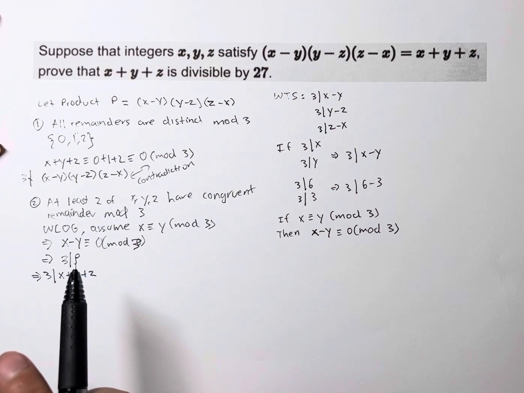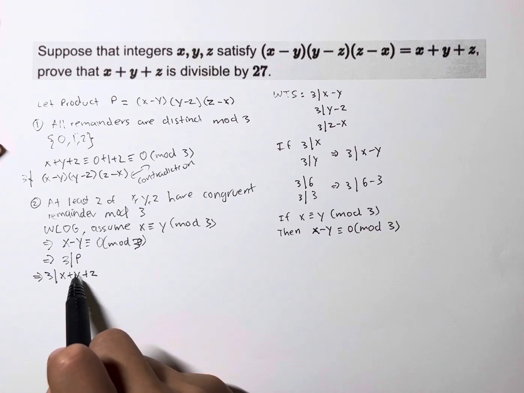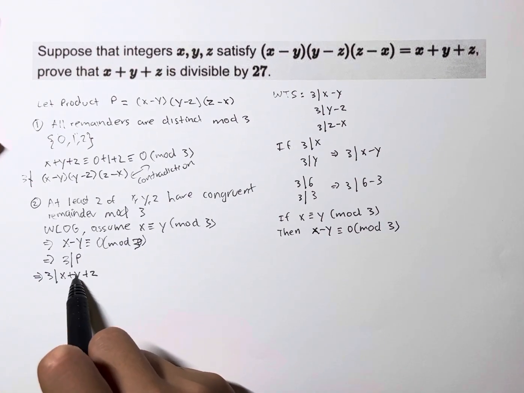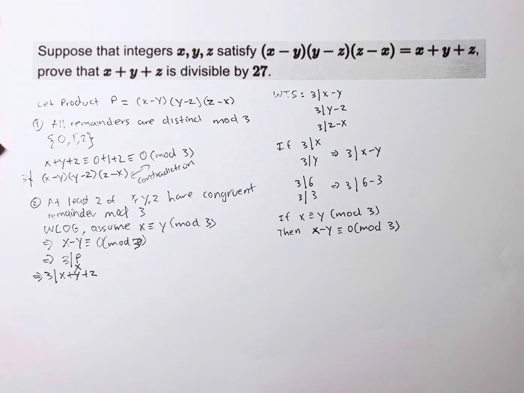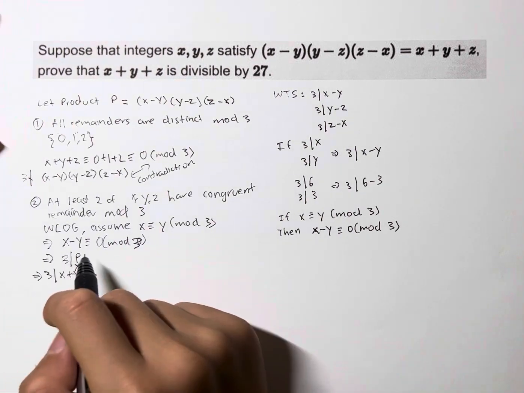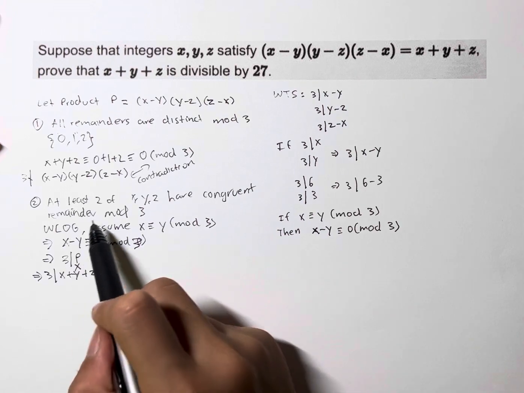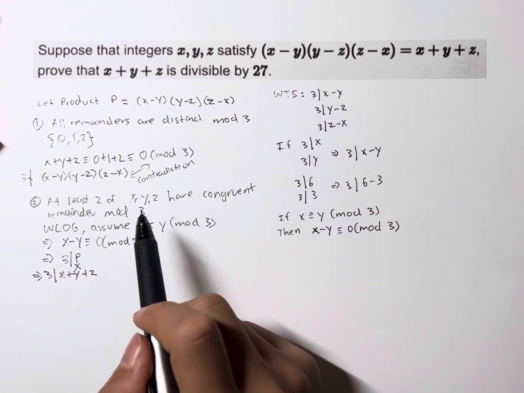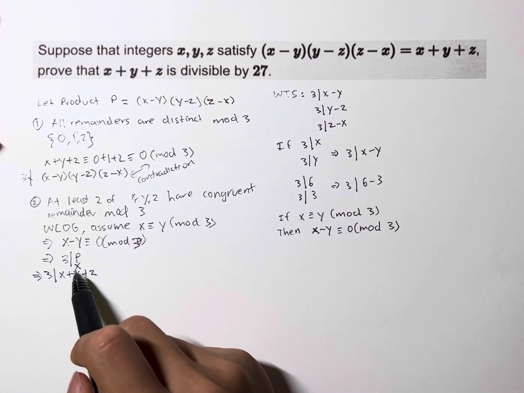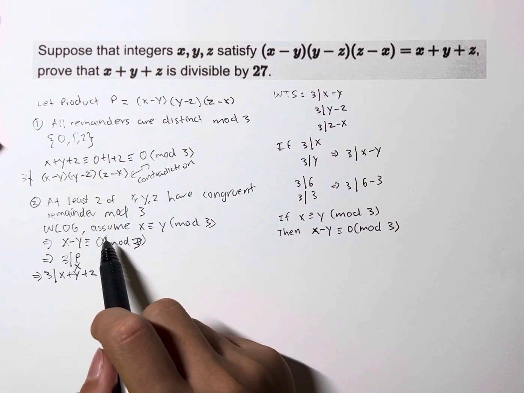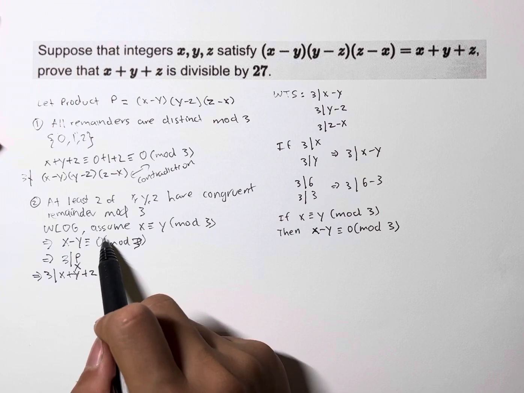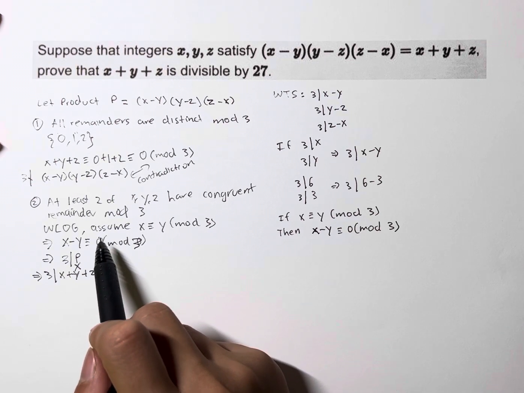And now you can replace y with x. This is because y and x are congruent mod 3. So after replacing y with x, the result will still have a remainder of 0 when divided by 3, and it's still going to be a multiple of 3.